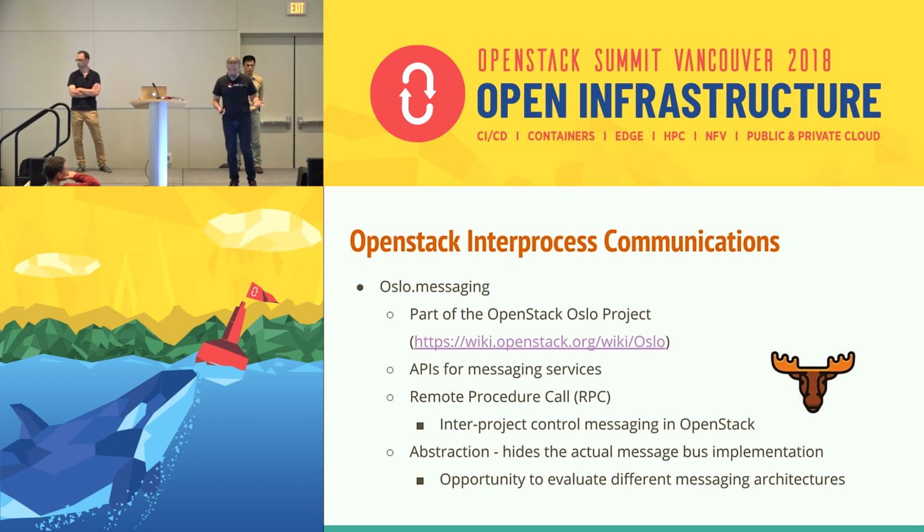We have projects for logging, Oslo config, Oslo DB, and Oslo messaging. And Oslo messaging is the library that provides the APIs for messaging services, including remote procedure call. And as I said, it's inter-process control messaging in OpenStack within a project, inter-project.